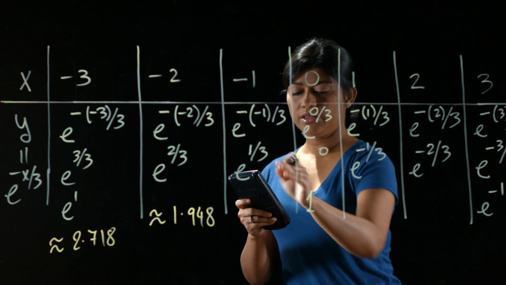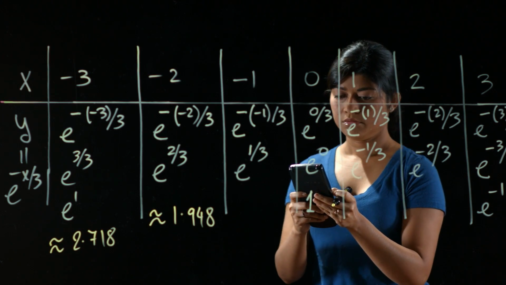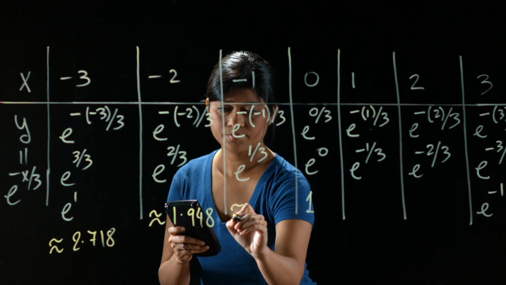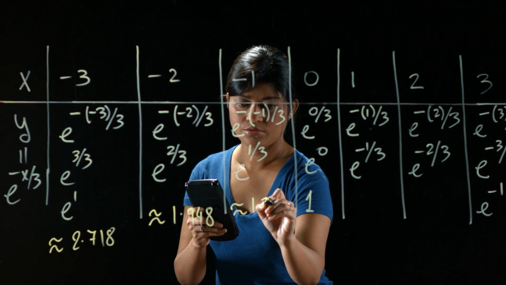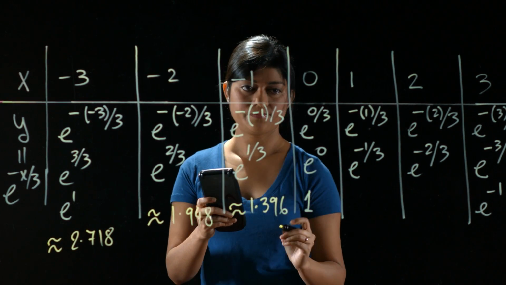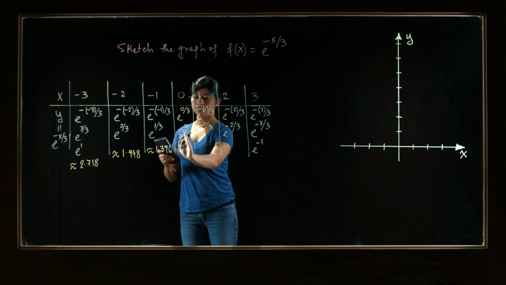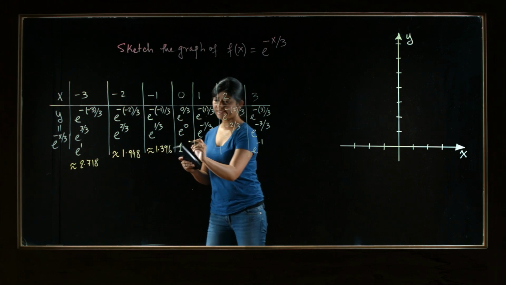Next is e to the 1/3, and that will be 1.396. We already know at 0 the value is 1, exactly 1.